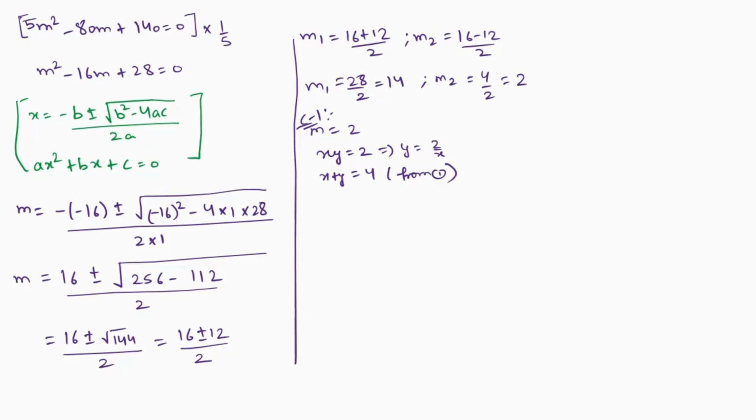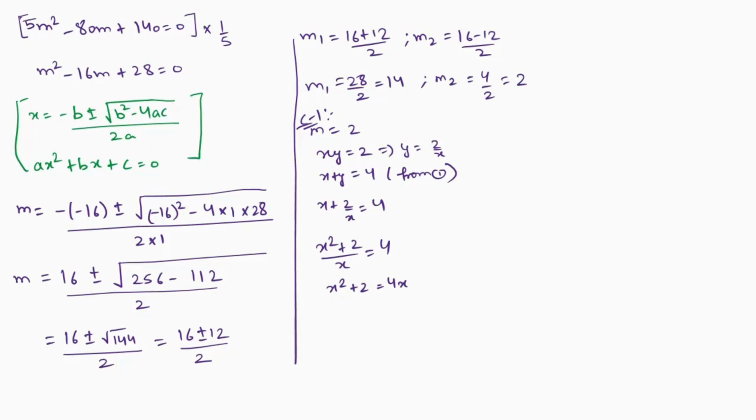Put the value of y in equation 1, we get x plus 2 over x equal to 4. On taking LCM, we get x square plus 2 over x equals to 4.